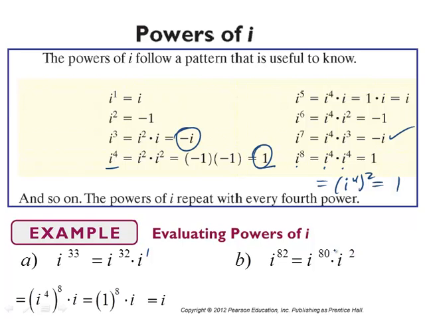Again, those exponents add. But I to the 80th power is I to the 4th raised to the 20th power. But I to the 4th is 1, and 1 to the 20th power is 1. I squared is -1, by the way. So I to the 82nd power is equal to negative 1.